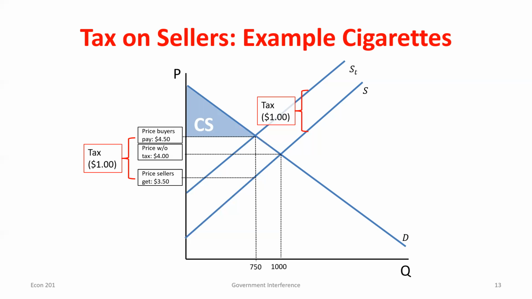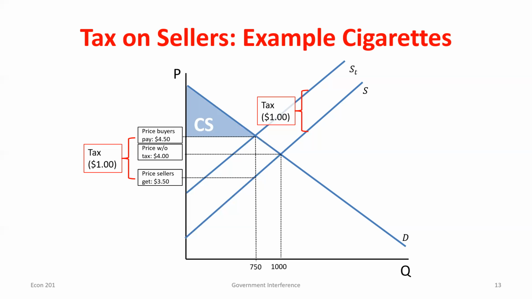For producers, it's not the area below the price consumers pay. It's now the area below the price that they're keeping, the net benefit they get from selling this product. They sold it for $4.50, but it cost them this additional $1 in taxes to produce.